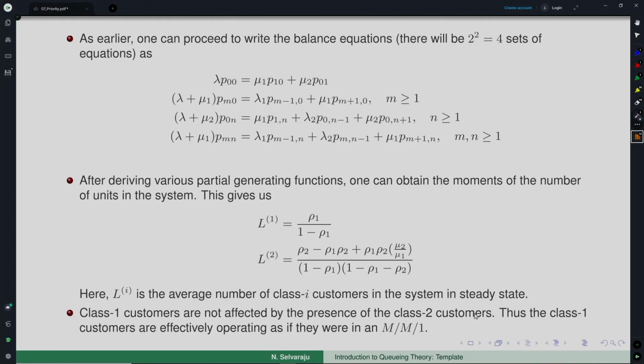Again you see that with more than 2 classes, things become complex, but one can still get the expected value measures at a reasonable level of analysis. So, this is all about priority queuing systems. Of course this can be studied in a general framework, but we have studied it in the Markovian framework, so that you know more about how general Markovian systems can be handled.